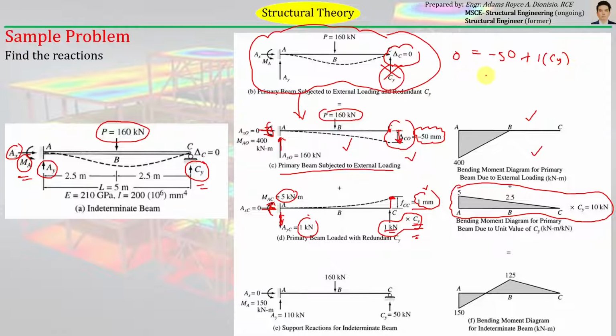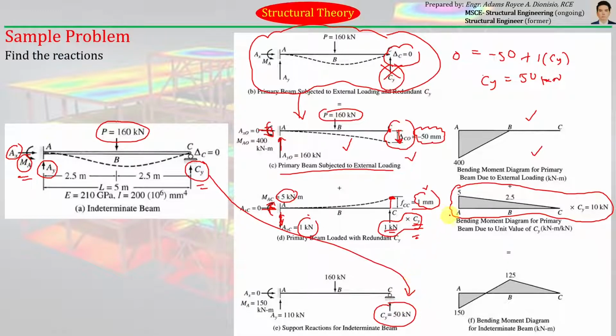So the only unknown here is just CY. So therefore, you can definitely solve for CY, which is equal to 50 kilonewton. So therefore, the value of CY is equal to 50 kilonewton, as you can see here.